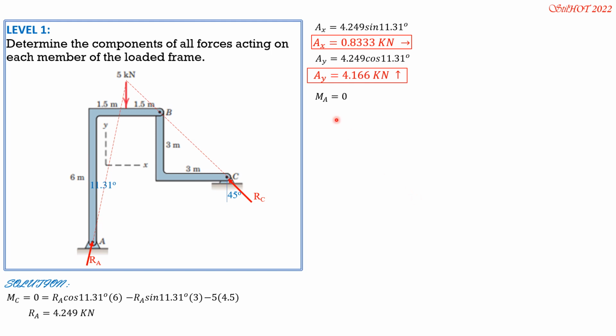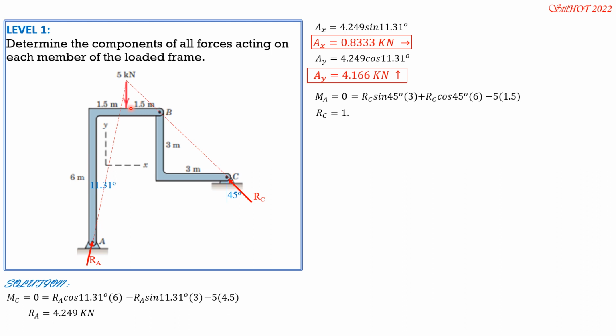So MA is 0. We have to consider the horizontal component first, which is counterclockwise, and the vertical is counterclockwise. So counterclockwise positive: equals R sub C sine of 45, the horizontal component, times 3. Then plus R sub C cosine of 45 degrees, the moment arm is 3 plus 3, which is 6. Then minus 5 times 1.5.